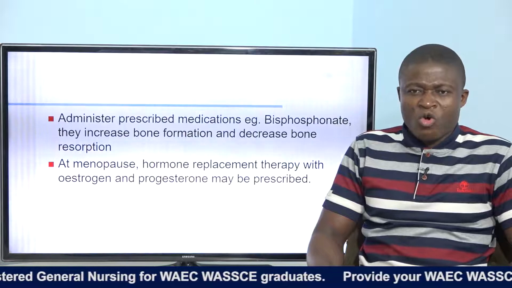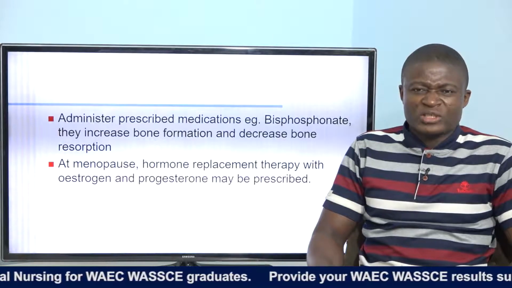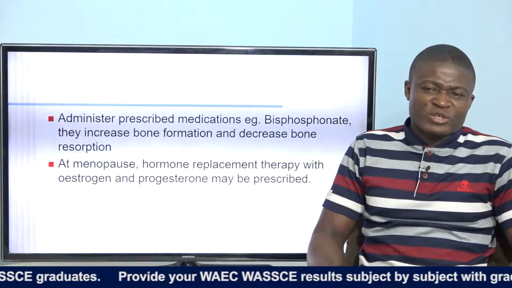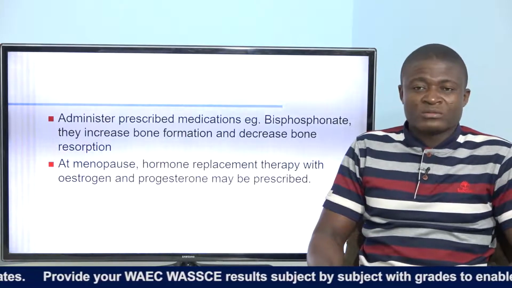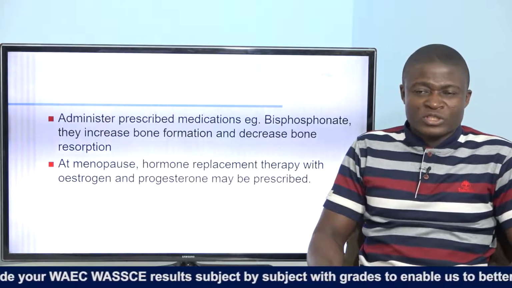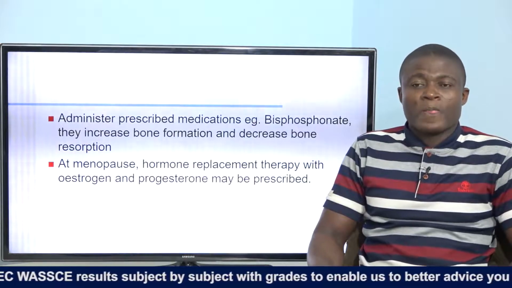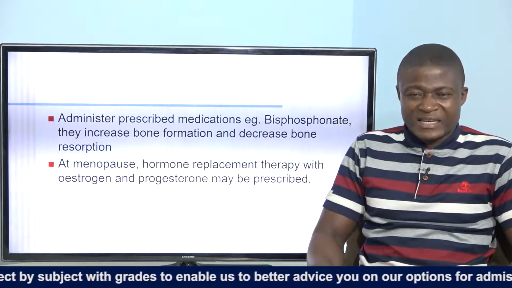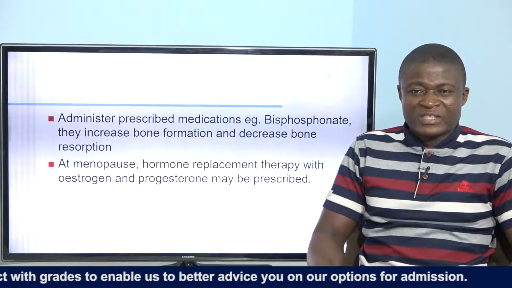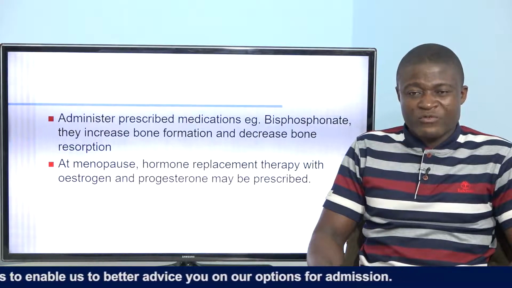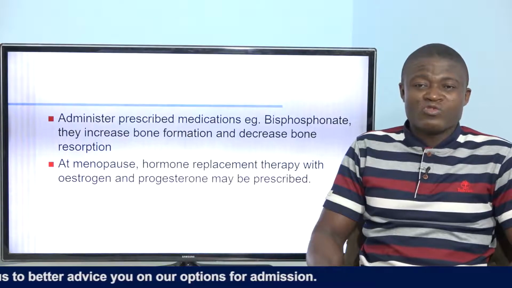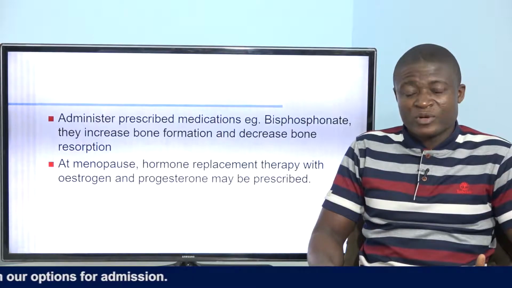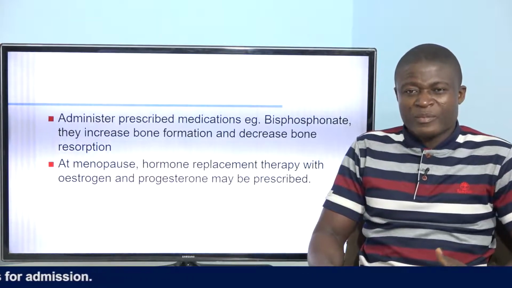At menopause, hormone replacement therapy with estrogen and progesterone may be prescribed. So like I said, in women, estrogen plays a significant role in bone formation, but unfortunately when they get to menopause, they are no longer able to produce this hormone. In the advanced world, where people have the access and have the means, they regularly visit their healthcare providers who inject them or give them supplements of these same hormones, artificial estrogen and progesterone.